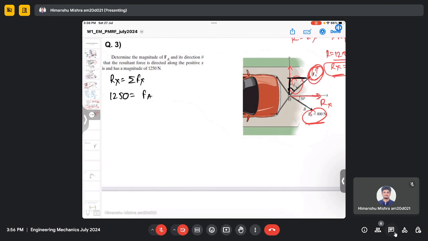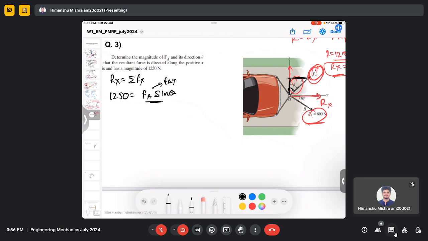So it will be Fa sin theta. This is the x component of Fa, plus 800 cos 30 degrees.